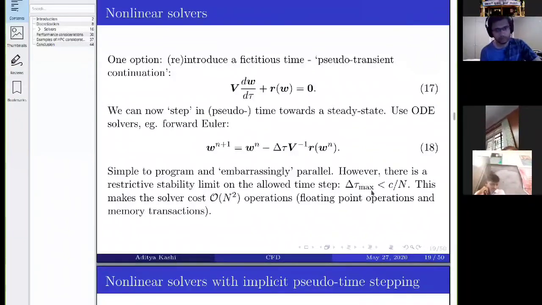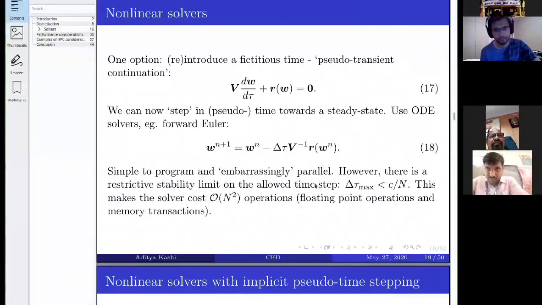So the advanced method, the forward Euler, is simple to program, and it's what is sometimes called embarrassingly parallel. Essentially, this V is a block diagonal matrix. So inverting this is not a complex task. It's pretty easy, and there's no coupling. It's block diagonal.